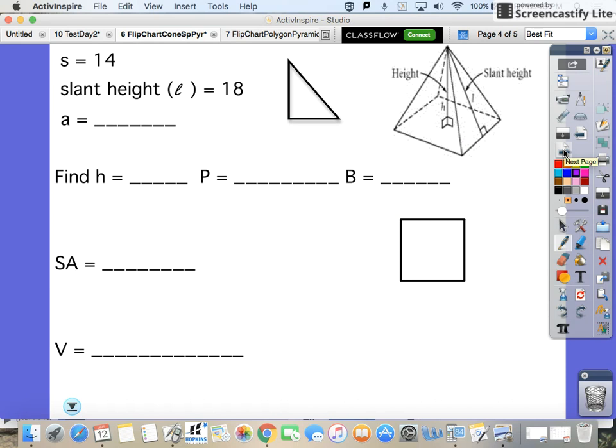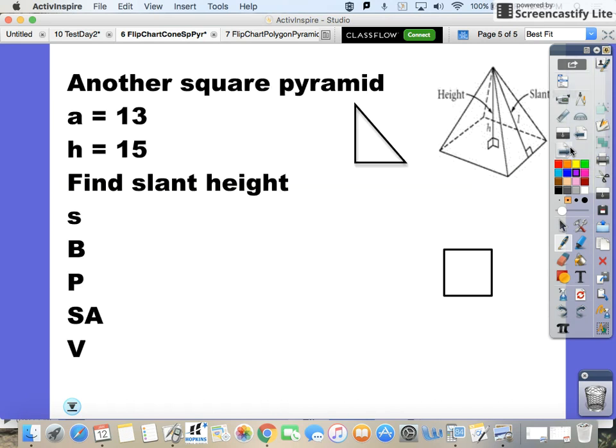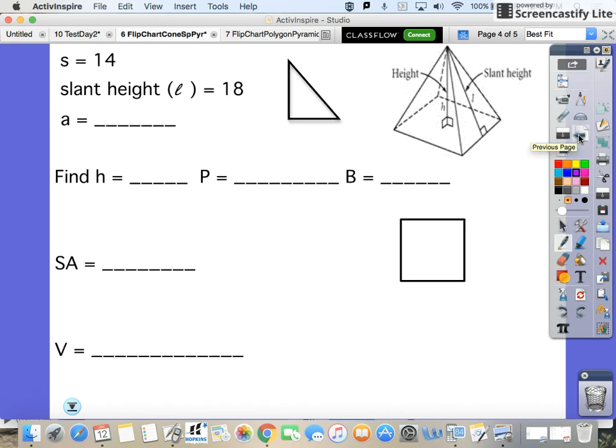The next one, and I believe this is the last one. Nope, two more, just kidding. So the next one is if we have a square pyramid. For this one, they told us that S is 14. So S being 14 means the side is 14. So this is 14. Then they told us the slant height is 18, that's this one, which is going to be your hypotenuse.